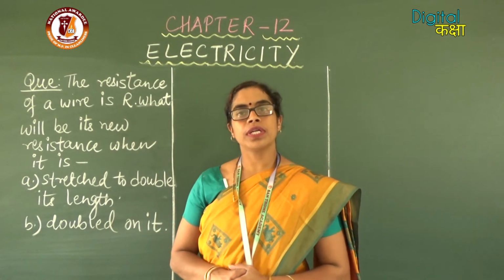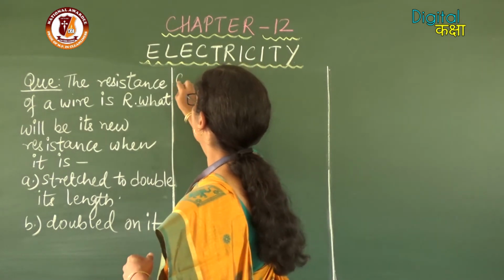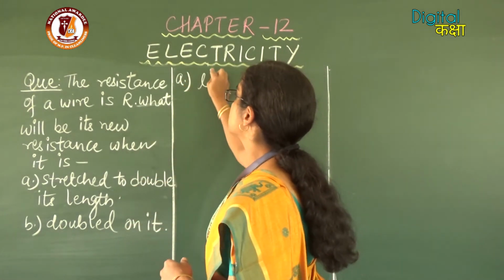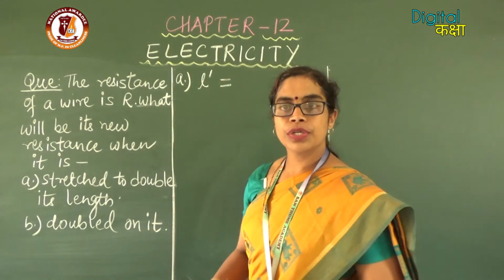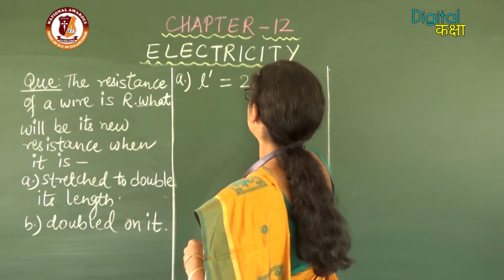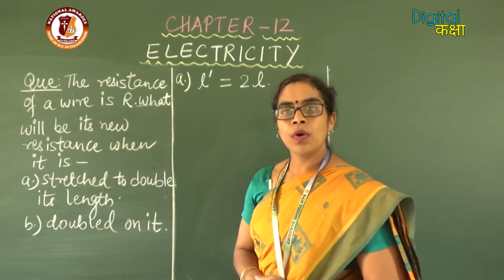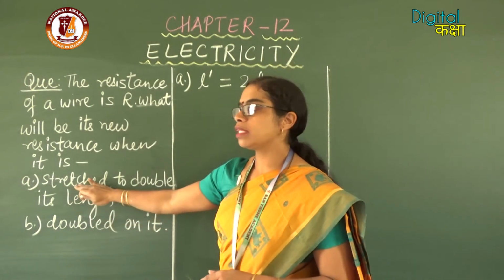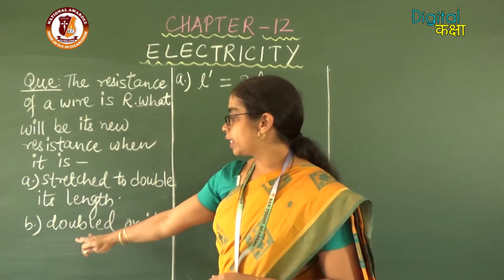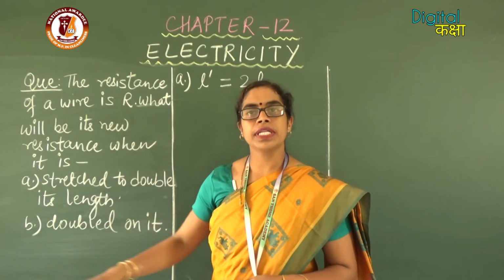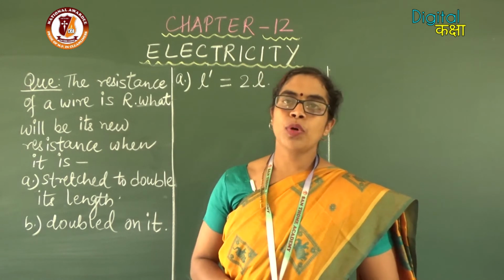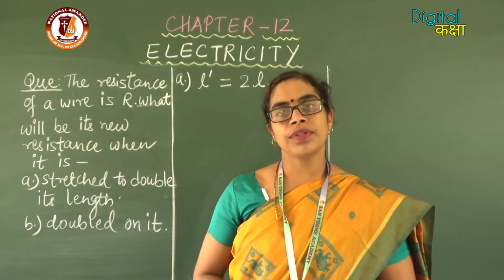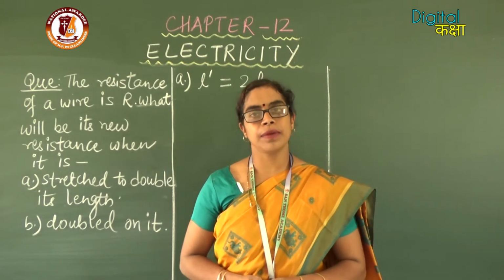So, according to the given condition, in part A, the new length is L dash, which is equal to 2L. Now, when a wire is stretched as in the first case, or when it is doubled on itself in the second case, in both cases the volume of the wire will remain the same.